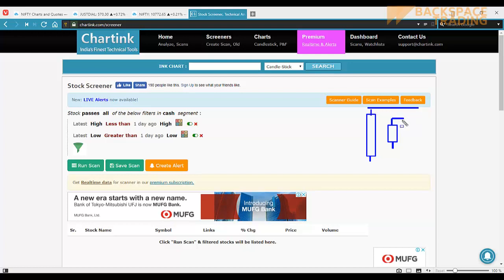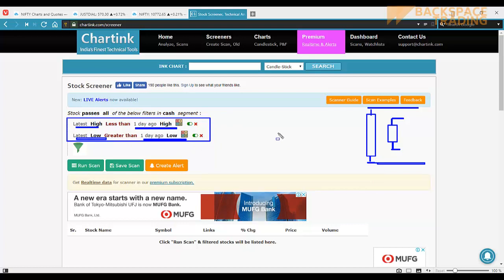The value of this high is lower than this high. The value of this low is greater than this low, right? That makes up your inside bar pattern. So I got it over here. Latest high is less than 1 day ago high. Got it? Latest low, that is this, is greater than 1 day ago low. That is this. So I got the first criteria fulfilled.